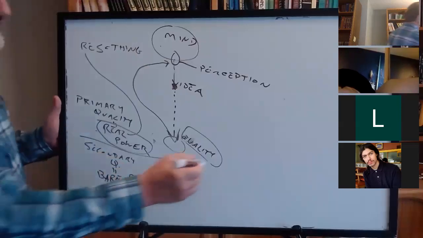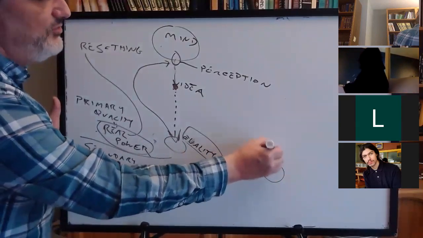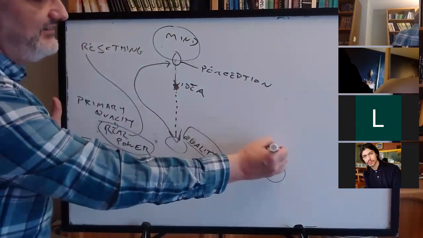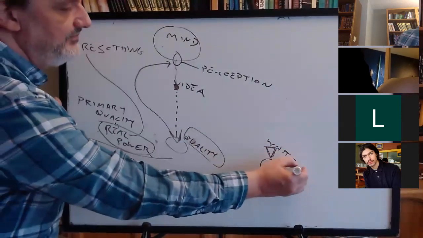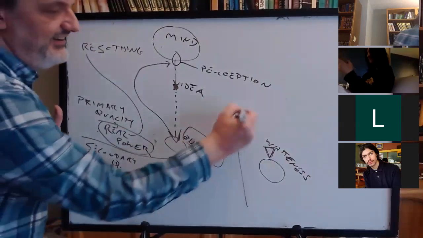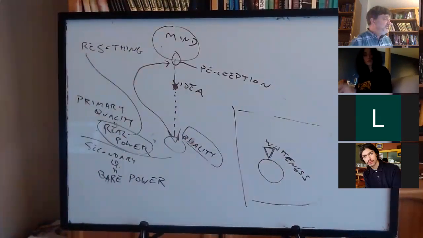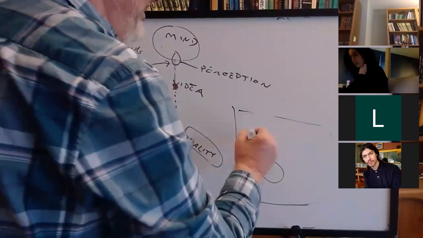So in a snowball, there's a thing that's different from the snowball itself that's called its accident of whiteness. This is not what Locke thinks. This is William of Ockham. So William of Ockham says when something looks white, it's because there's this little thing in it, the whiteness.